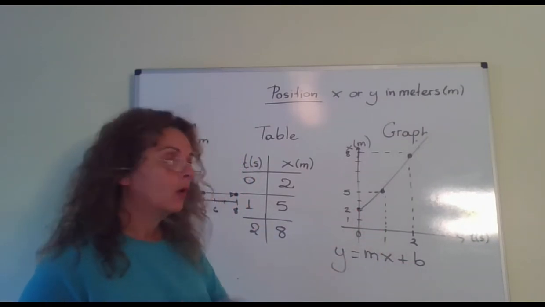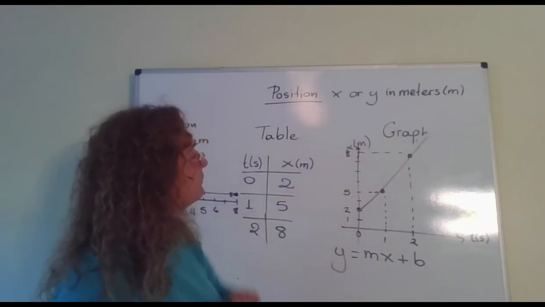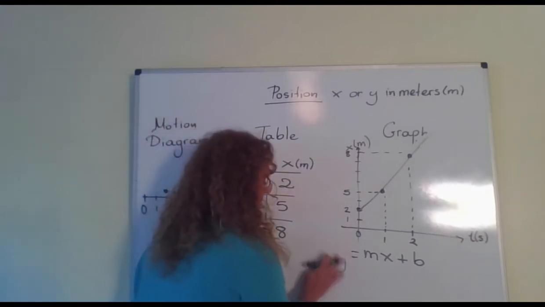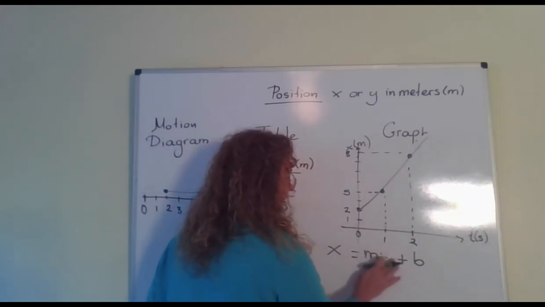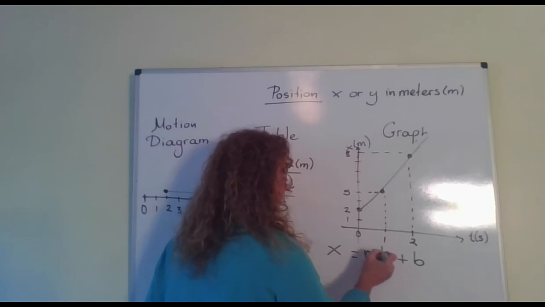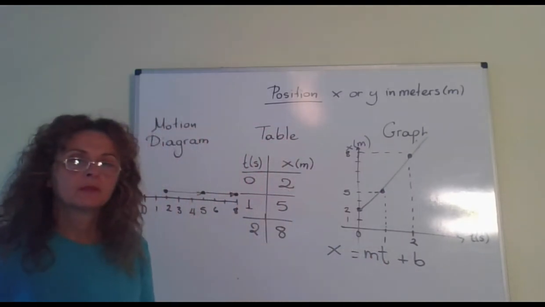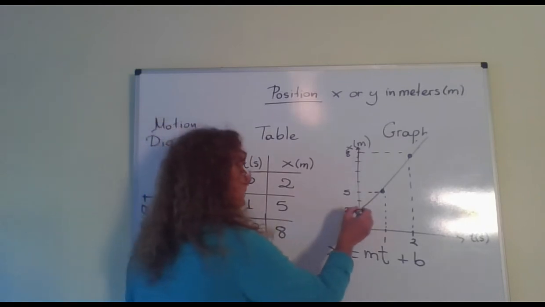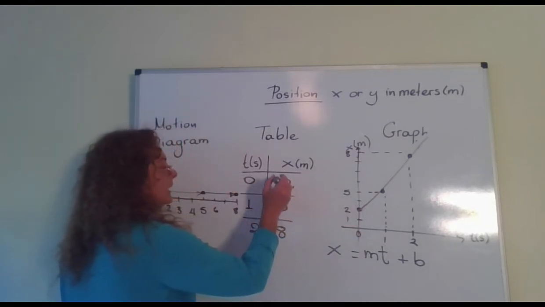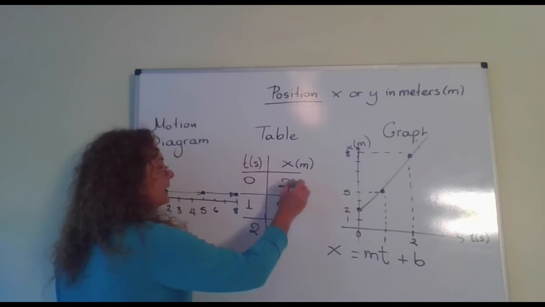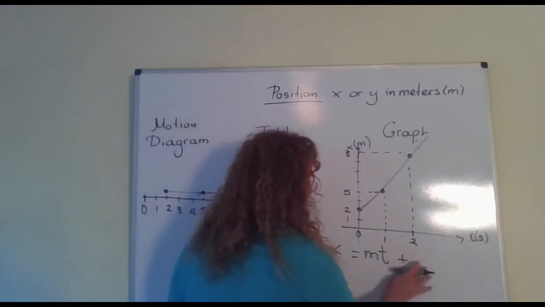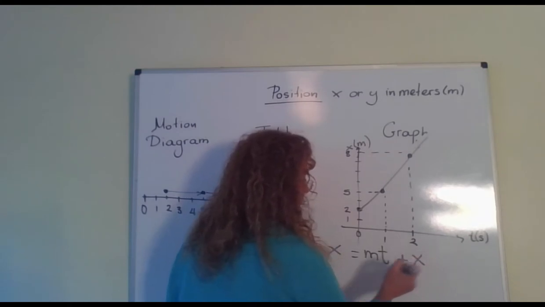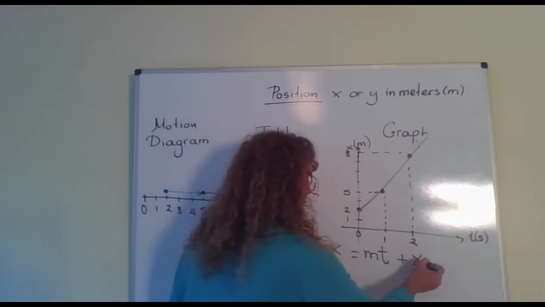So right now, on the y-axis, I have the physical quantity of position. And on this axis, I have the physical quantity called time. And the y-intercept is actually my initial position. For initial position, I will have the symbol of position with a 0 as a subscript.